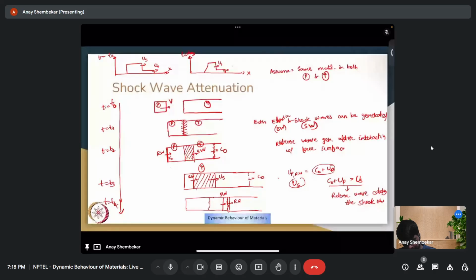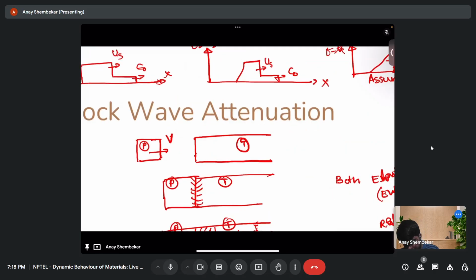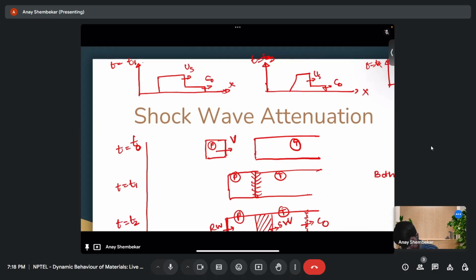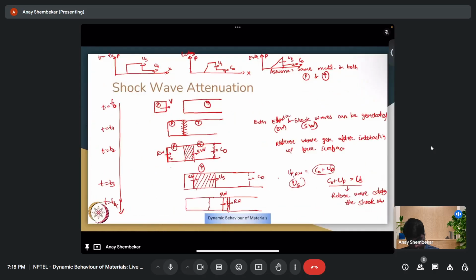Your flat top has become shorter, and then eventually, say at t equal to t4, your release wave finally catches up to your shock wave. So these are wave profiles of pressure versus distance, snapshots across different moments of time.